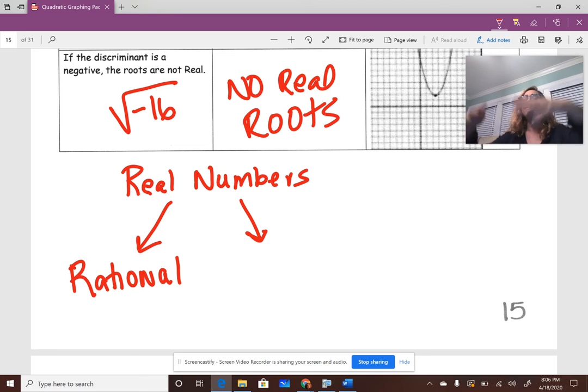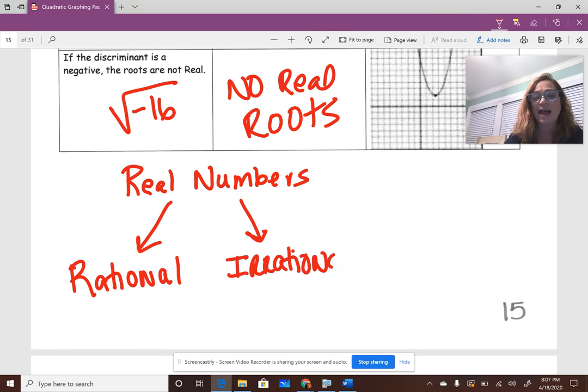Fractions, decimals, big numbers, small numbers. Rational, irrational. That's the weird stuff, the stuff that we just can't figure out an exact answer for, because there is no exact answer for it other than the symbolic form. Okay? Pi, e, the square root of 3, the square root of 7.